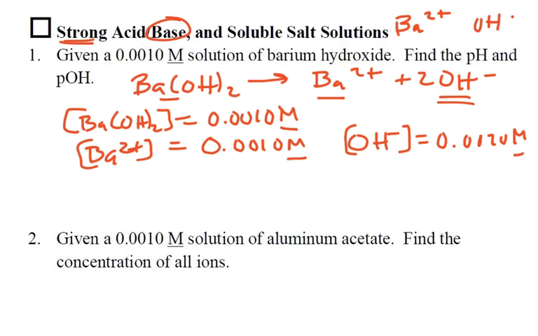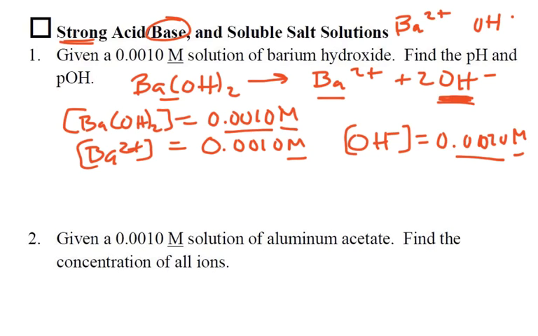It's a little sloppy, but 0.0020 molar, just because there are 2 hydroxides for every 1 barium hydroxide. So we keep talking about that like a sandwich, and for every 1 sandwich you get 2 pieces of bread. So if we started with 0.0010 for the barium hydroxide, we get 0.0020 for the hydroxides.